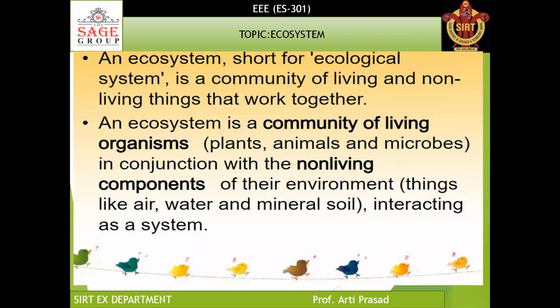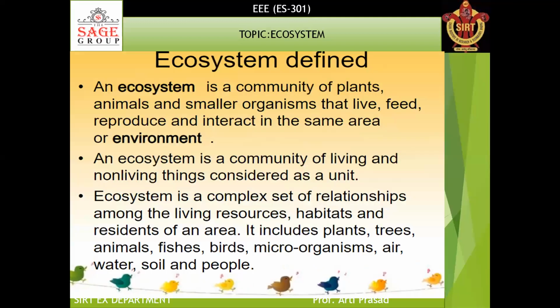So this ecosystem, short form ecological system, is the community of living and non-living things that work together, and it is the community of living organisms like plants, animals, and microbes in conjunction with the non-living components of their environment, like air, water, and mineral soil, interacting as a system.